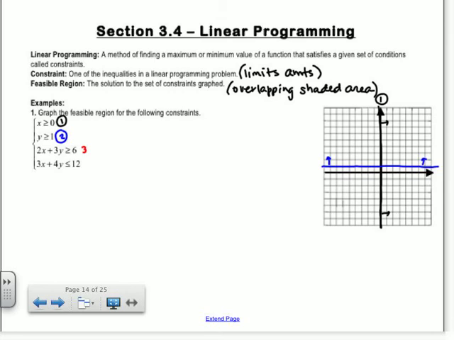The third one is 2x plus 3y is greater than or equal to 6. Since this is set up in standard form, it's really easy to do the x-intercept, y-intercept method. For the x-intercept, cover up the y. So you get 2x equals 6, which means x is 3. So you're going to have 3, 0.